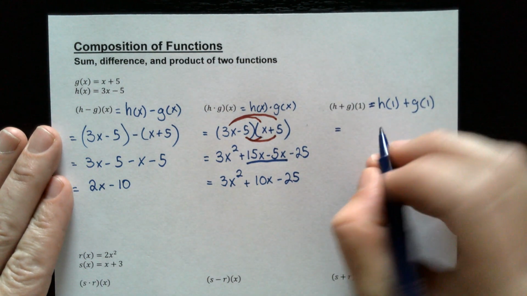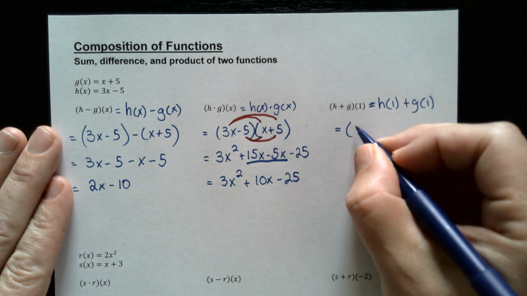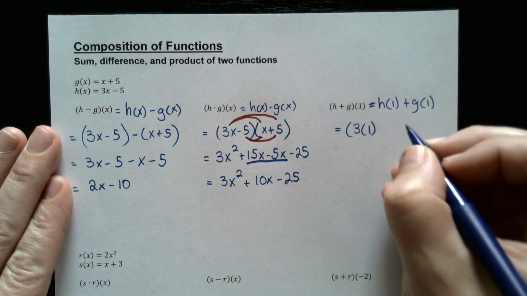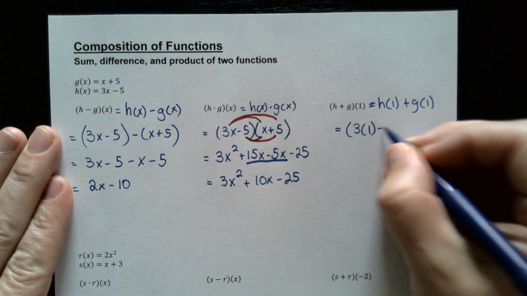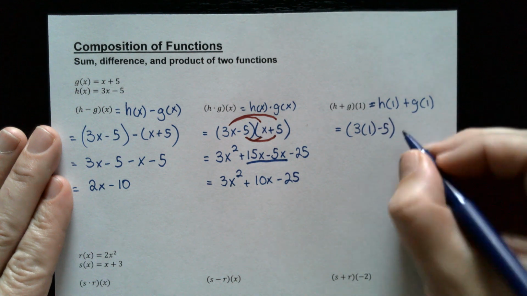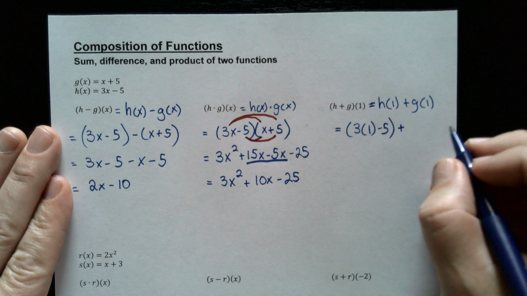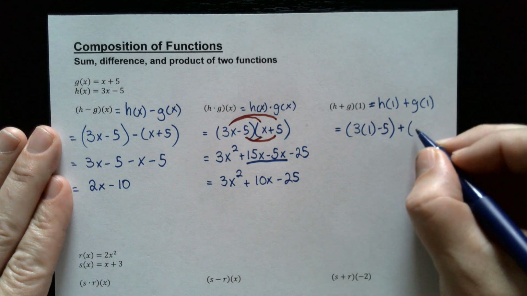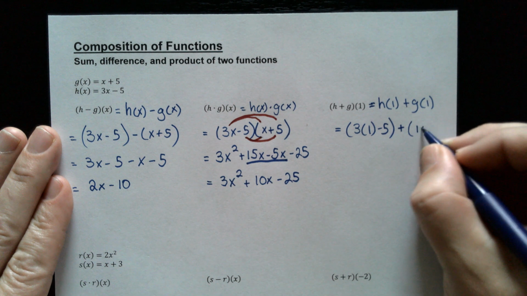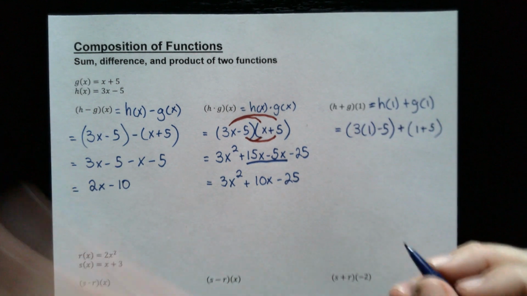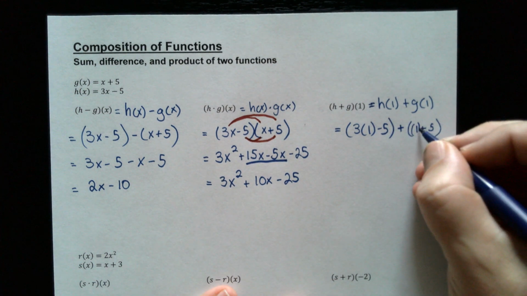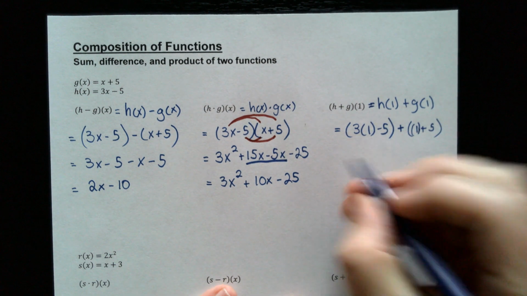So h of 1 will be 3 times 1 minus 5. And then g of 1 will be 1 plus 5. Okay, so that's 1 plus 5. I put a parentheses around that. So 3 times 1 is 3.